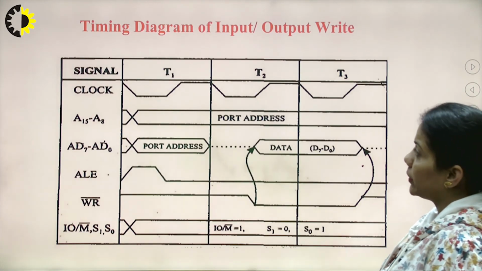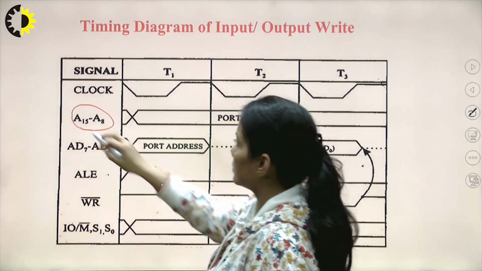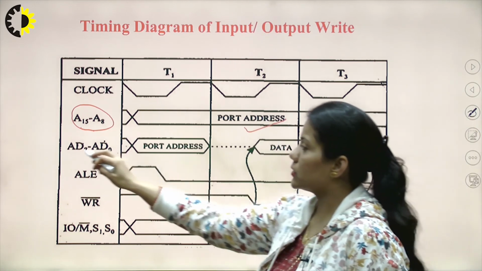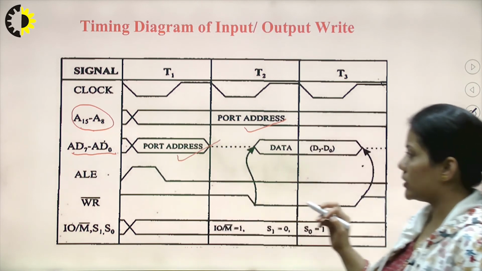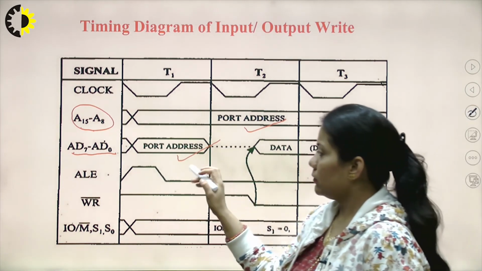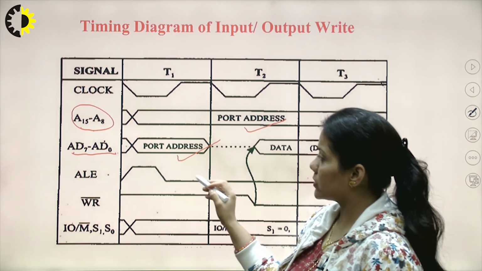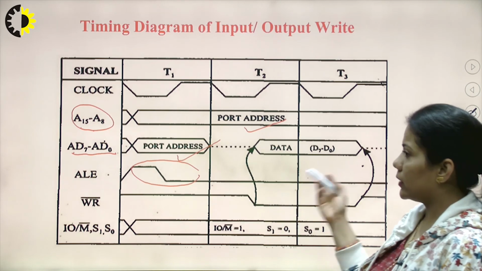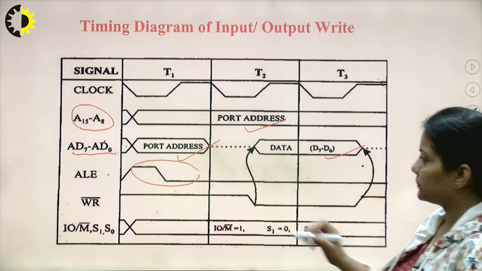About the timing diagram, there are 3 states. Using the higher order address bus, the higher order port address is latched, and using the multiplexed address and data bus, the lower order address is latched. During the lower order address latching, the ALE signal is activated, and in the subsequent 2 cycles the data is placed using the data bus.